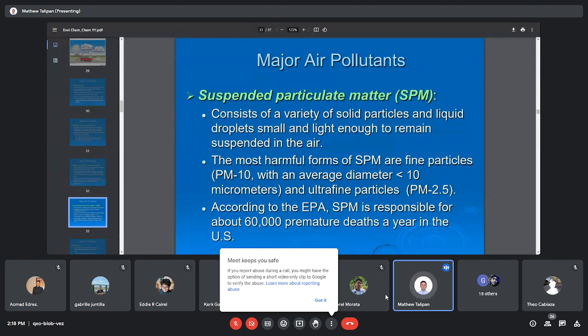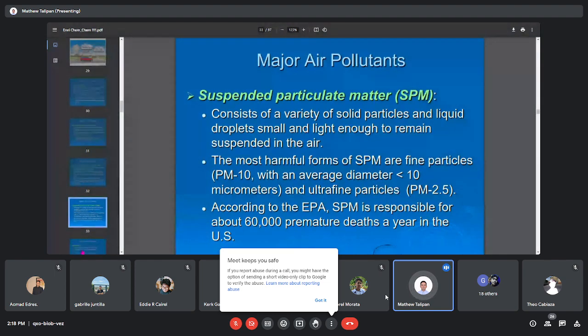They can also accelerate existing respiratory conditions. That's why we need to wear masks that are specifically designed to prevent inhalation of suspended particulate matter, because ordinary masks cannot filter them out.